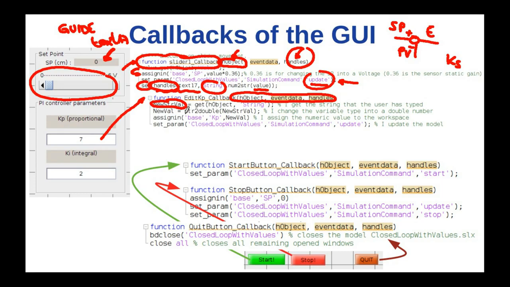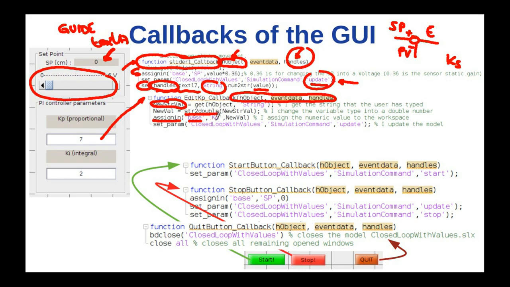That's why I use the str2double function. So now I have a numerical value here, newvalue. This new value is assigned in the base workspace to a variable called kp.